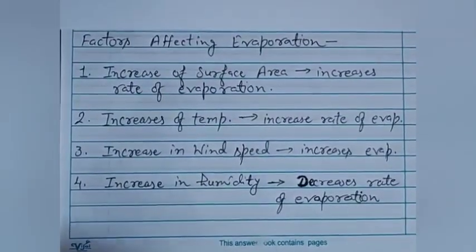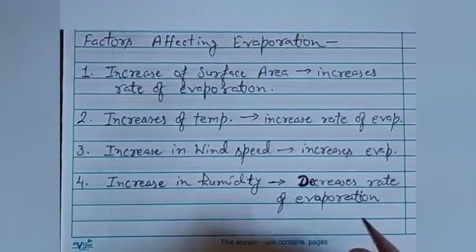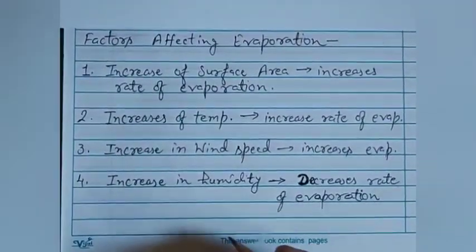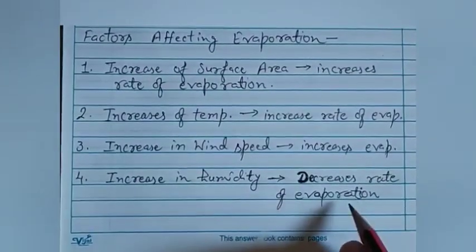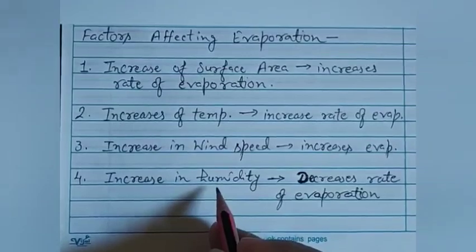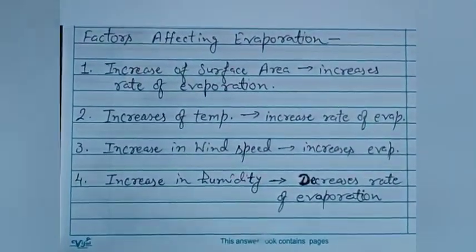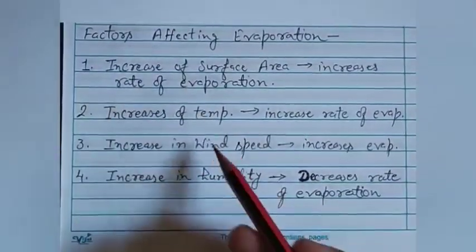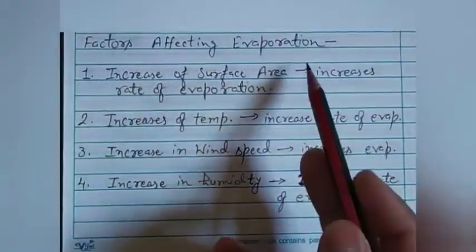But when we put the clothes to dry in the monsoon season, it takes longer, sometimes 1 or 2 days. That means the rate of evaporation is decreasing when the humidity is increasing, because in the monsoon season the humidity is greater than in the summer season. So these are the four factors which affect the rate of evaporation.